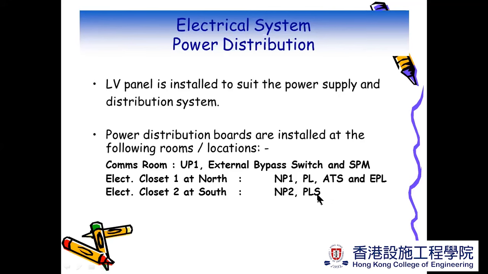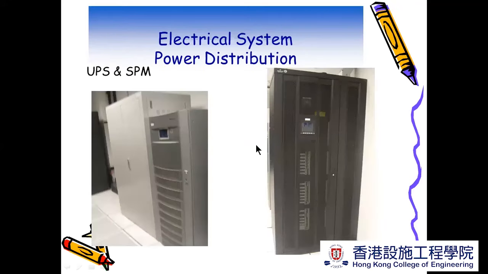All right. Okay, so inside the server room or comms room, you'll find some UPS, right? I think this is the UPS and the battery is over here. And there may be some other monitoring panel. I think this is one of the power monitoring system.